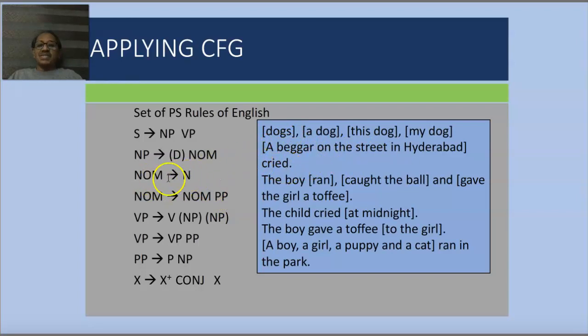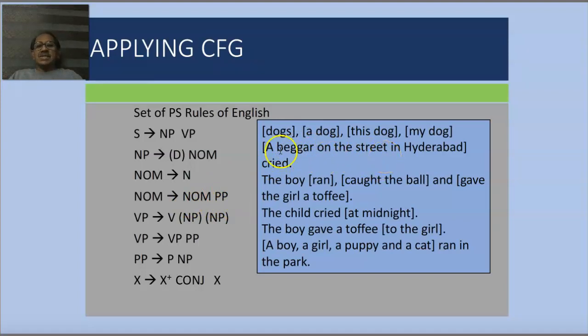So the nominal, which consists of a PP here, need not be there. It is kind of optional, right? But we are not putting it in brackets. So we are writing two different rules here. A nominal can be a noun, or a nominal can be a nominal and a PP, which accounts for the recursion in a noun phrase.